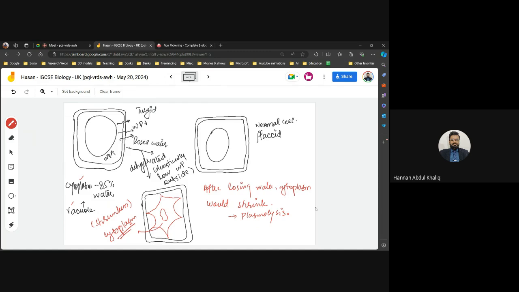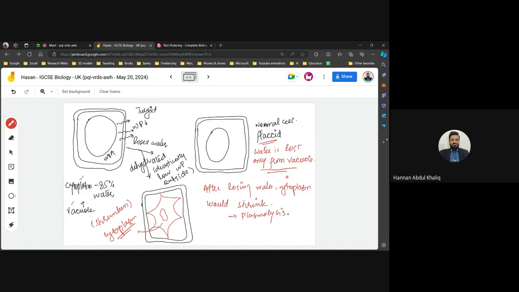This state of getting shrunk is called plasmolysis. When the cell loses so much water, see, in this flaccid cell the water is lost only from the vacuole.